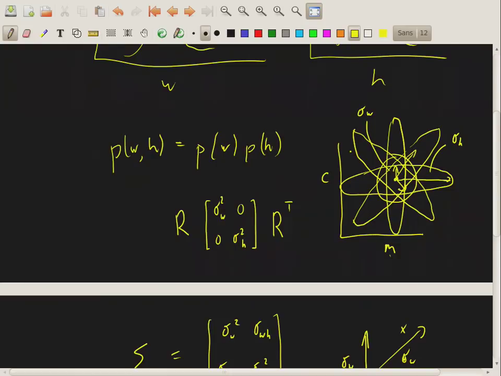Now, another feature of this. So that's the form of our sigma. How many people have done eigenvalue decompositions? Anyone? Yeah? This is an eigenvalue decomposition of the covariance matrix. They're going to come in again for principal component analysis. And for me, this is what I understand an eigenvalue decomposition as.